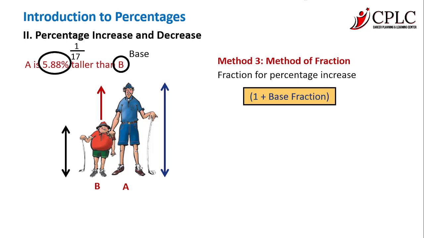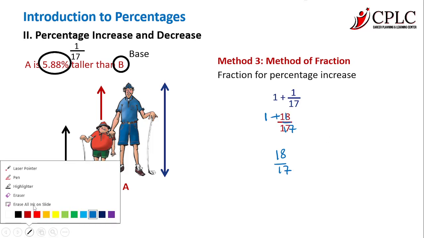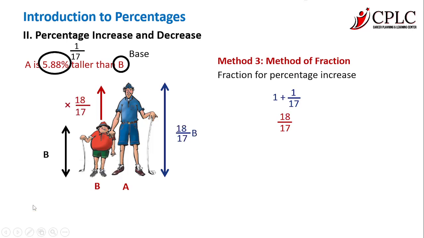And this base fraction is what? Basically 1 by 17. So this entire thing becomes 1 plus 1 by 17, which becomes 18 by 17. What this simply means is that whatever is your base value, which is B in this case, you have to multiply this B by 18 by 17 to get your final answer.